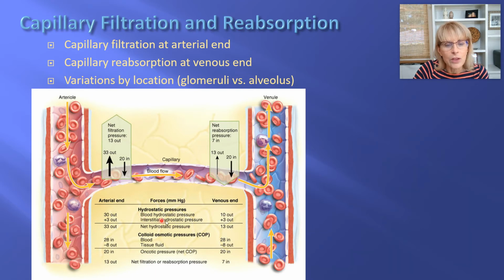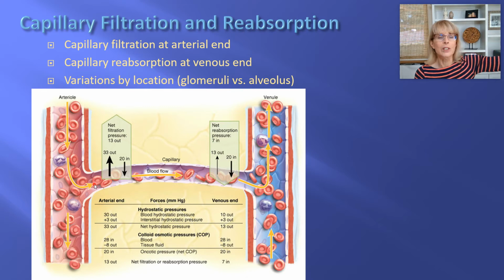And here they say the blood hydrostatic pressure is going to be 30 millimeters of mercury. Okay, right? So let's just think of that as the amount of blood pressure that's left behind.